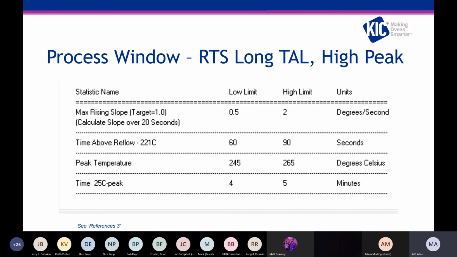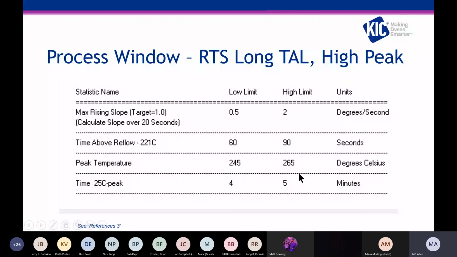And another area that I've seen experimentation is going to a longer time over liquidus and a higher peak temperature. And then this number here, that 265, starts to get on the critical side because you do have to take into consideration your other components on the board, which is why the information is so important to gather about your entire printed circuit board.